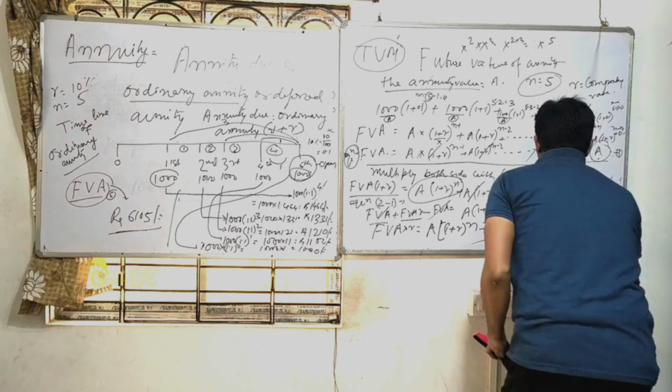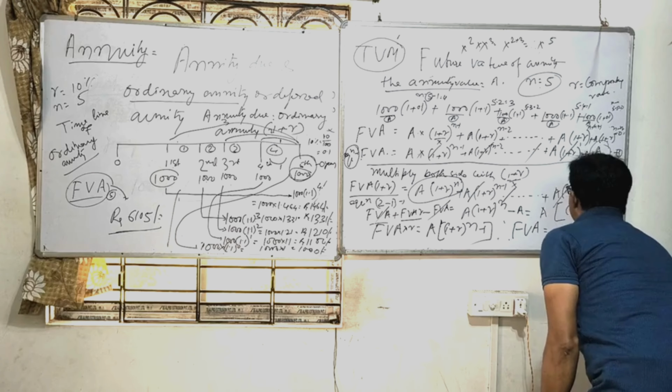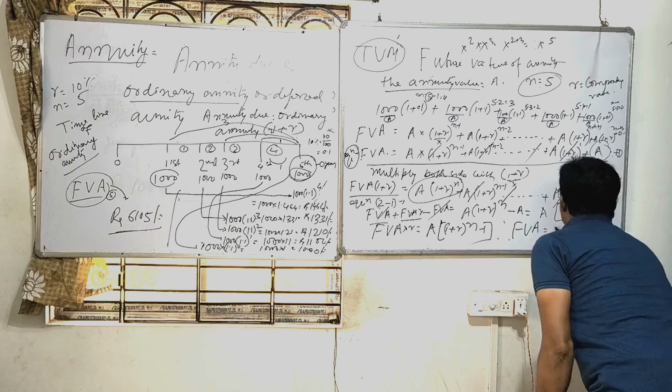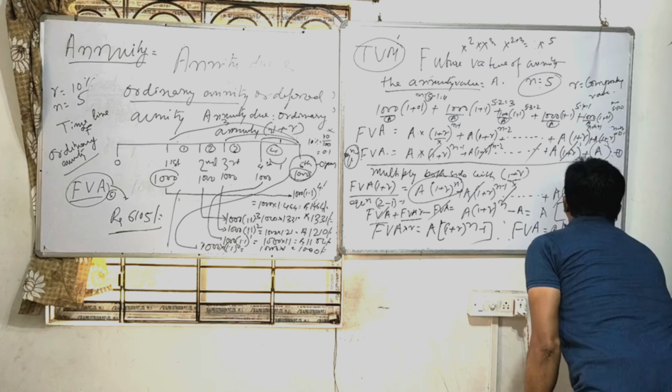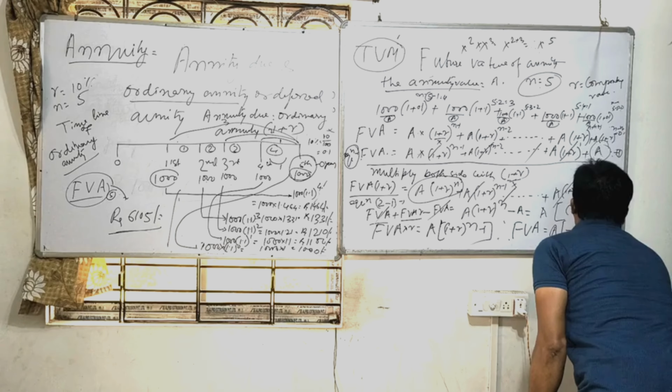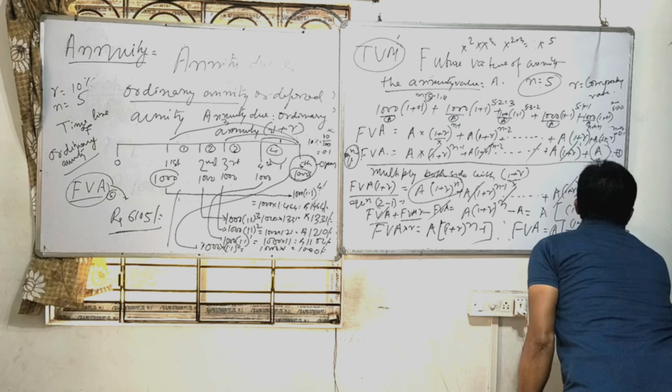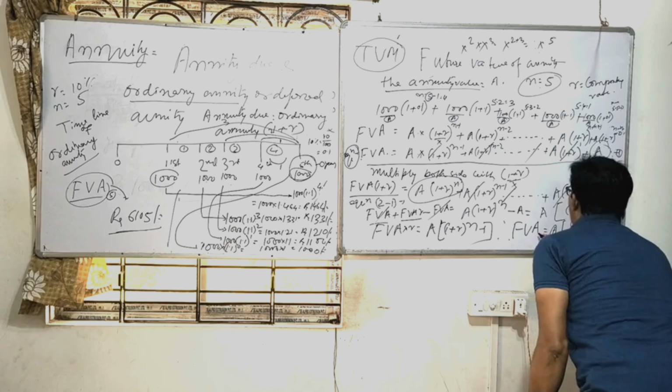I am showing you here. So future value of annuity is equal to a into 1 plus r to the power n minus 1, divided by r.